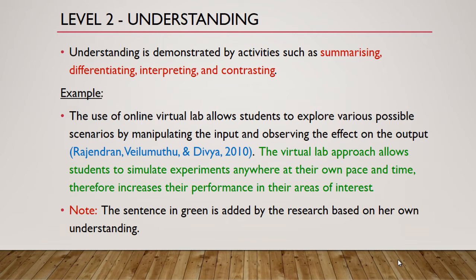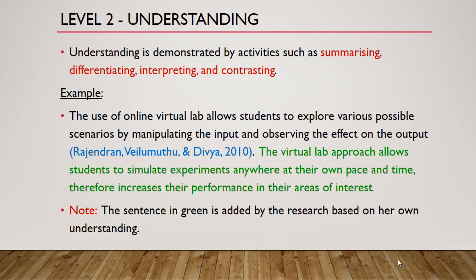So meaning that you can see that actually the paraphrase citation is the part from the use of online virtual lab until the citation, until Rajendran, Velumuthu, and Divya 2010.